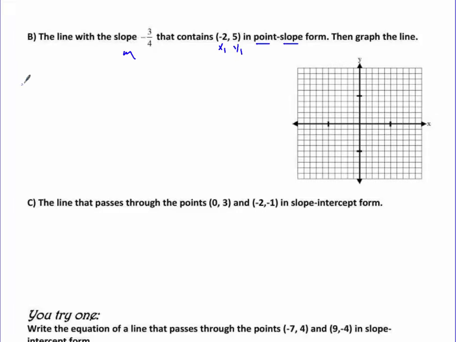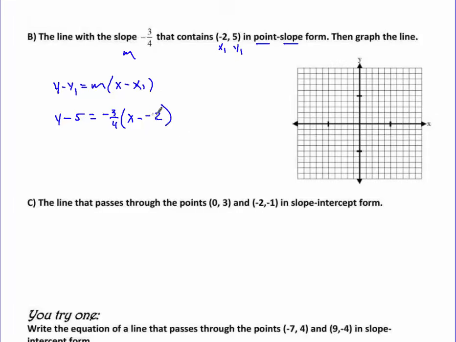Now they want it in point slope form, which is y minus y1 equals m times x minus x1. So we're just going to plug everything in where it goes.